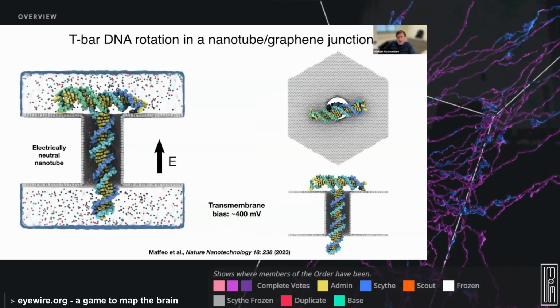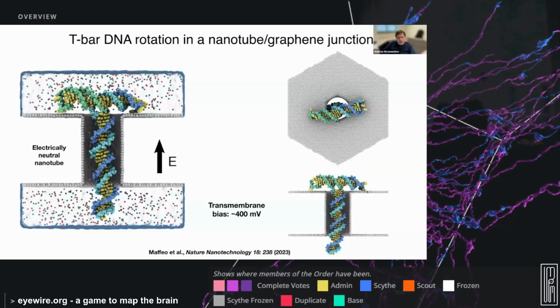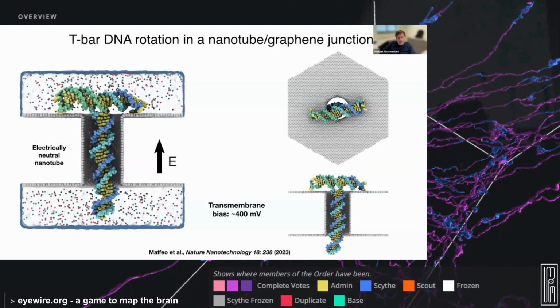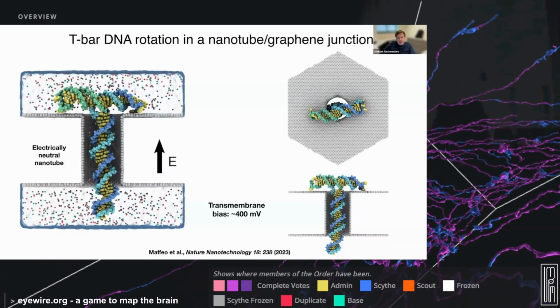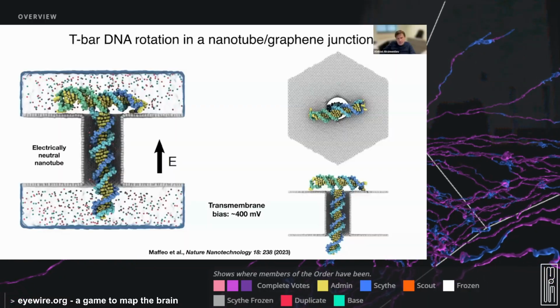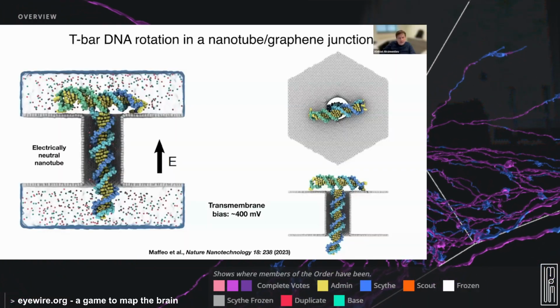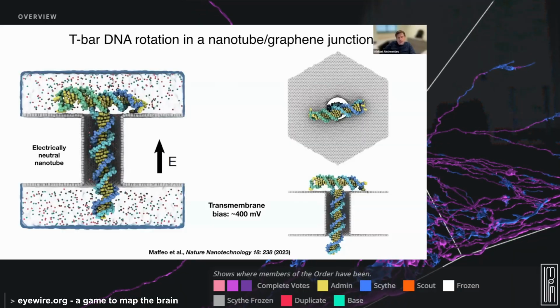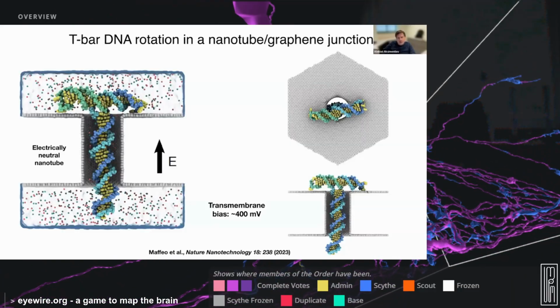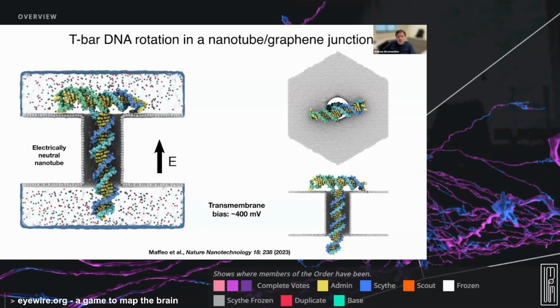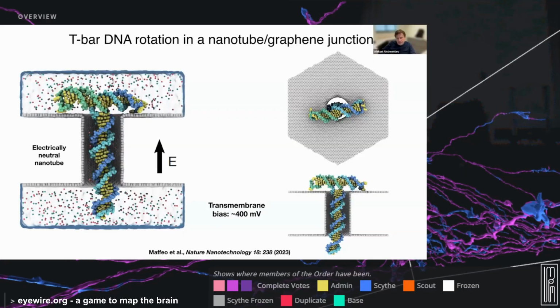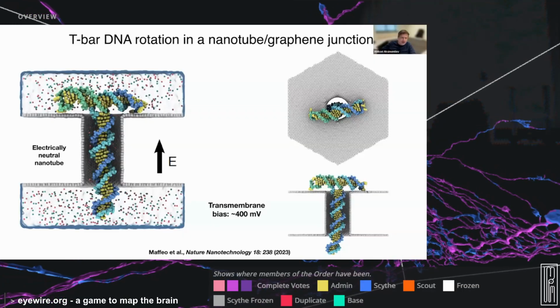And the final example in this area was this one. So we wanted to show that one can build a realistic system that can be realized in experiment and observe the rotation of the DNA. In this particular set of computational experiments, we were not applying those restraining potentials or anything like that.